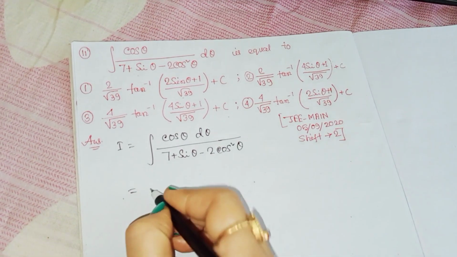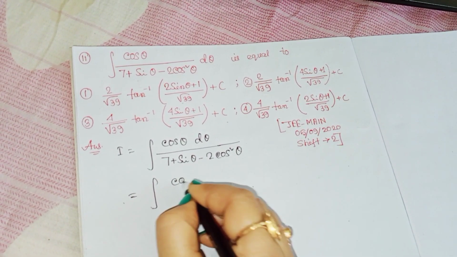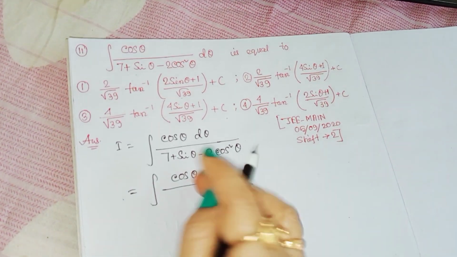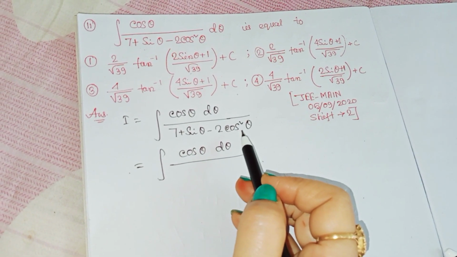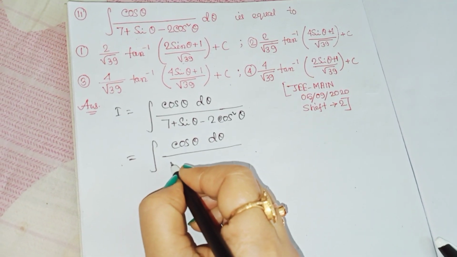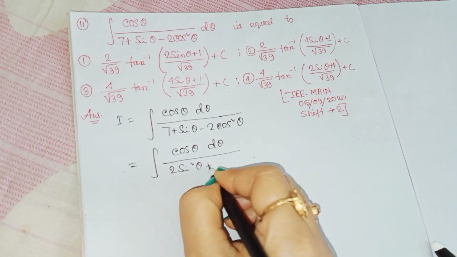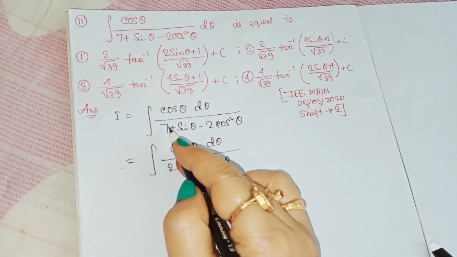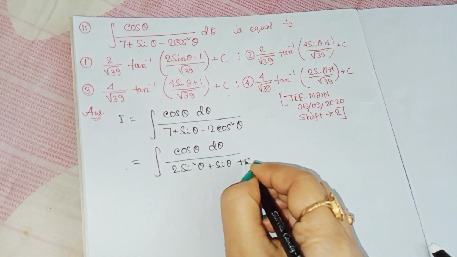The numerator is unchanged, I just write down cos theta d theta, and the denominator is all converted to sin theta, so it becomes 2 sin square theta plus sin theta, and the remaining 7 minus 2, that is 5.